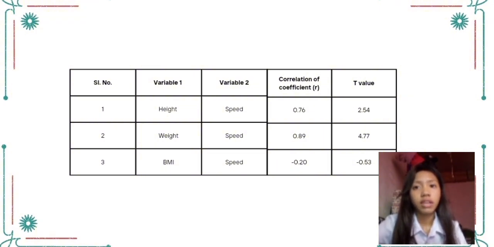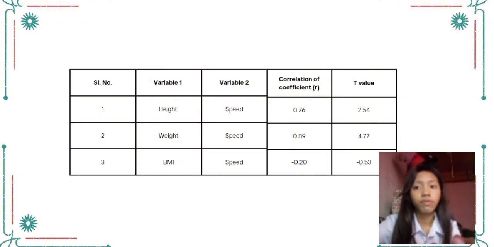The calculated t-value is 2.54, which is less than the critical value 2.571. Therefore, we fail to reject the null hypothesis. There is not enough evidence to conclude a statistically significant correlation at the significance level of 0.05.